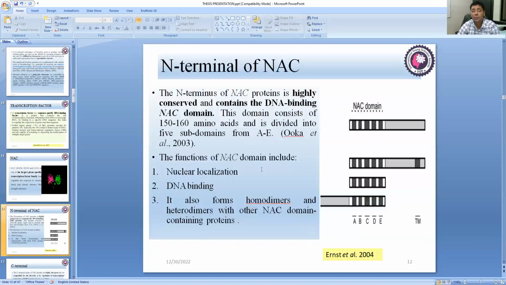Moving ahead, as I told you, it has different domains. One is nuclear localization, another one is DNA binding. Apart from that, it also forms homodimers and heterodimers with other domain-containing proteins. It's highly conserved, with about 150 to 160 amino acids.